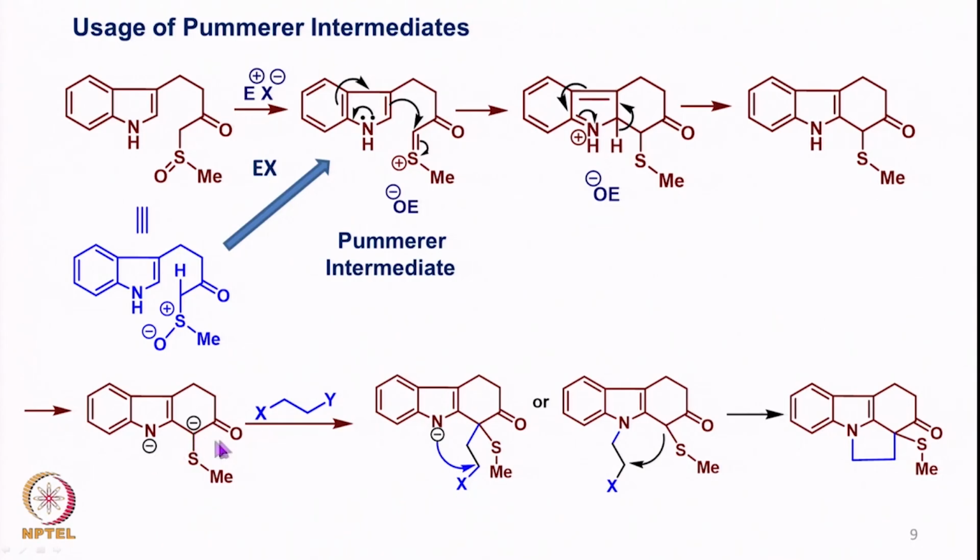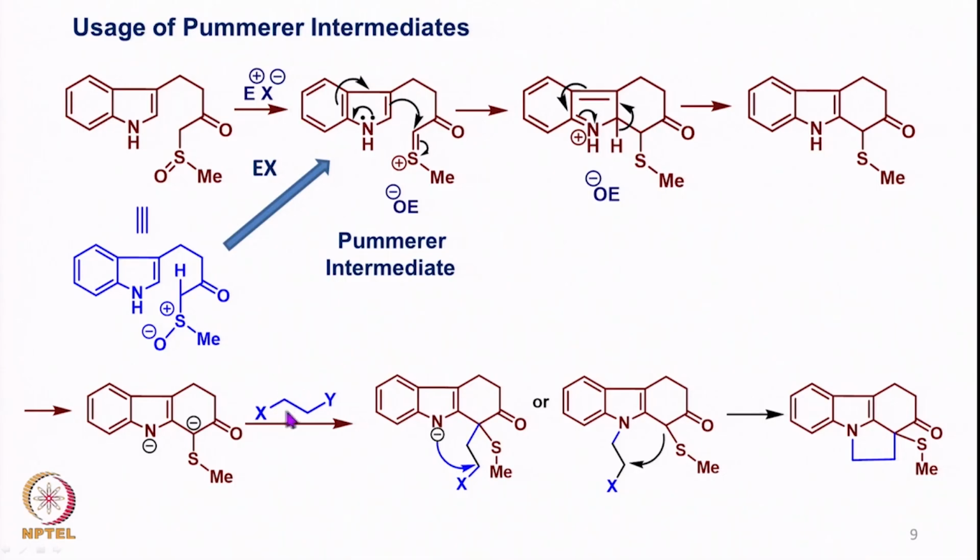Now these 2 anions of course can react with a species like this, in which there are 2 leaving groups. So if we have something like ethylene dibromide for example, then we can get either this anion reacting first or this anion reacting first, and eventually what will happen is you will have a CC bond formation here, followed by that there will be NC bond, and then of course we can proceed in either way depending on what this particular species is.